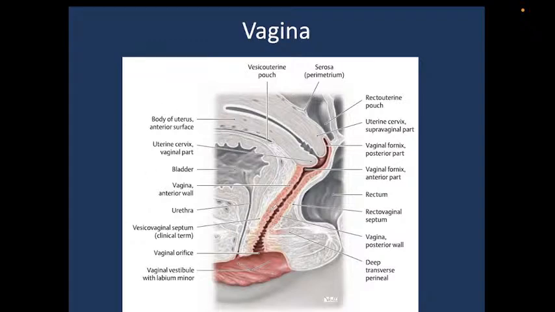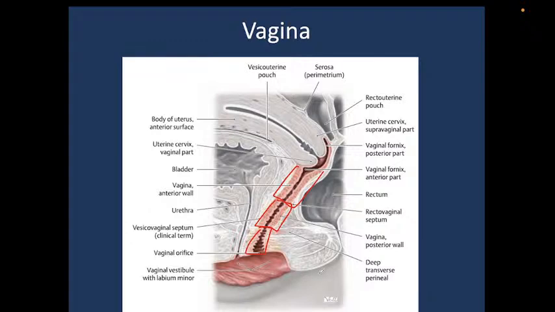Next picture shows the vagina, and we distinguish the upper, middle, and lower parts of the vagina.